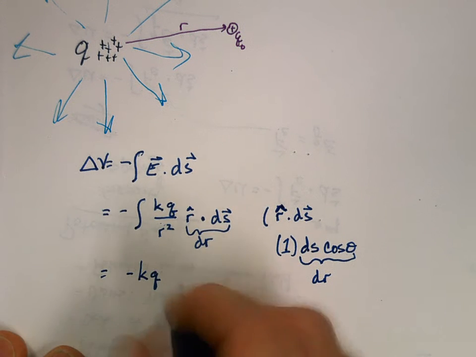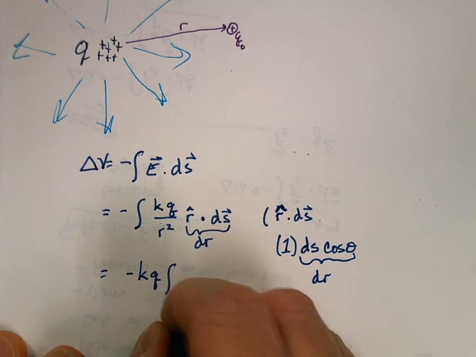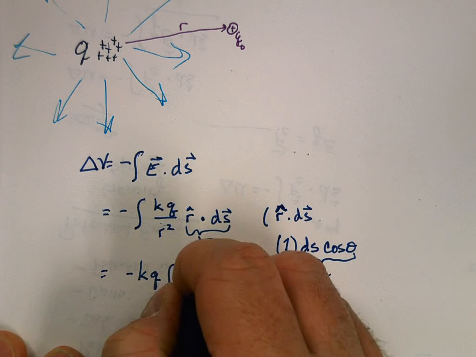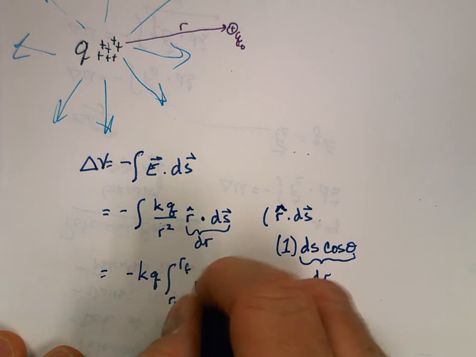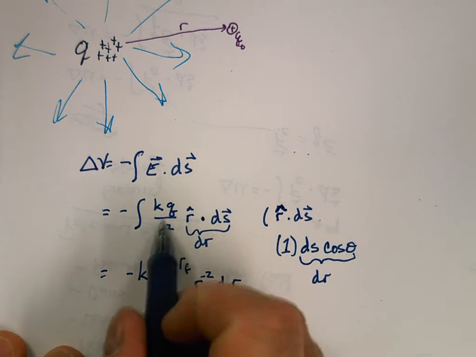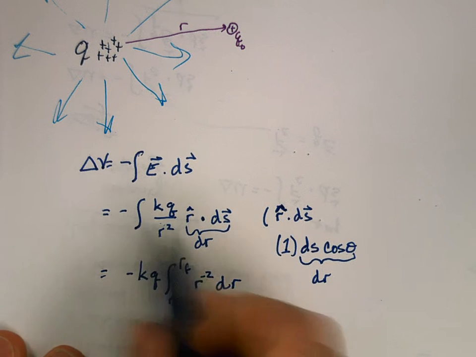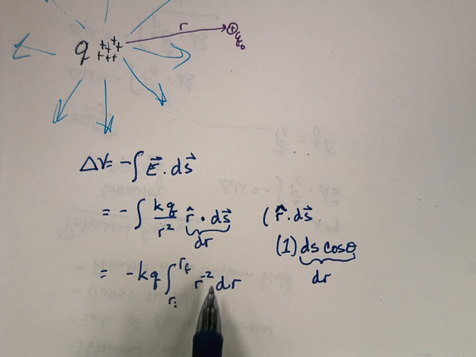We get negative kQ times the integral, going from r initial to r final, where our starting and finishing points are, of r to the minus 2 dr. We pull the kQ out, and the r squared in the denominator becomes r to the minus 2.